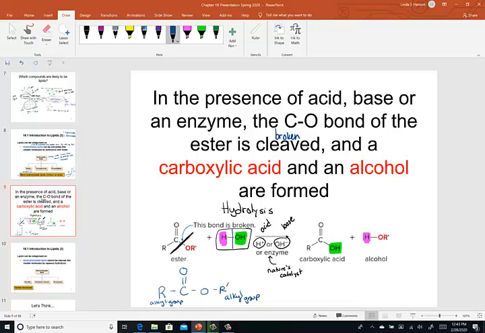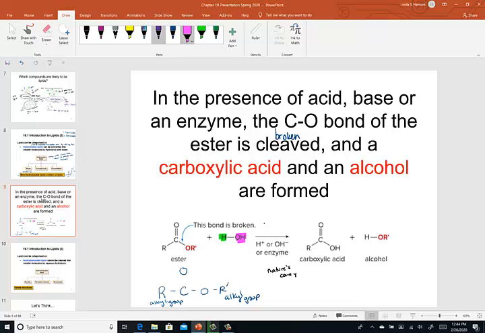So the alcohol that forms is combining these two pieces, and the carboxylic acid that forms combines the OH onto the carbon. That color coding allows us to figure out how we get a carboxylic acid and how we get an ester to form. Let's just repeat that one more time cleanly. Think of water as H, OH.